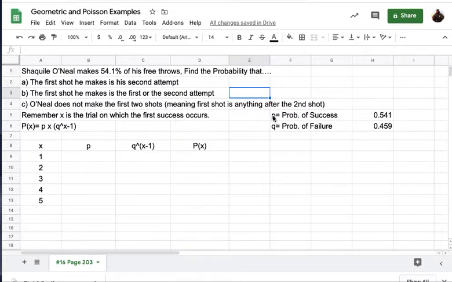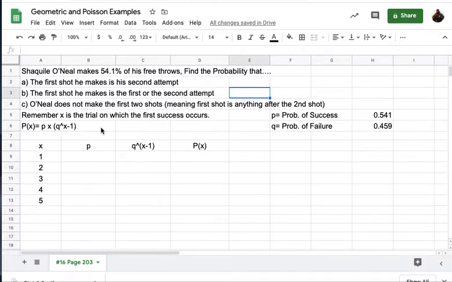Other than that, we need to know our p-value, our probability of success, in this case 54.1%, 0.541, and then our probability of failure has to add up to 100%, so 0.459. The equation for a geometric probability of success on trial X is P times Q to the X minus 1.